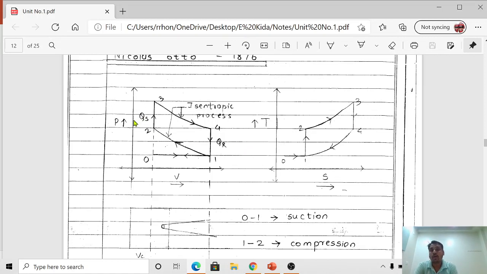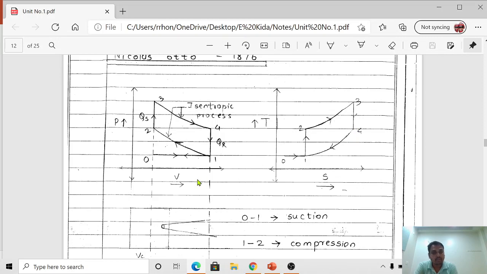Whenever the petrol engine works, the PV diagram shows the pressure and volume at the different processes which happen during the working of the engine. Similarly, the TS diagram shows the temperature as well as the entropy during the working of the engine.